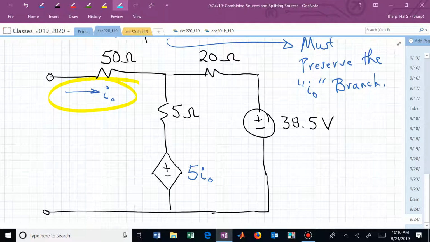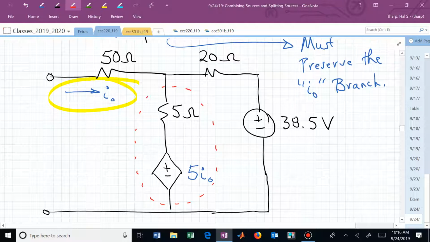Do you see how we can maybe simplify this? What does this look like? Isn't that a series combination? And it's a voltage source in series with a resistor. Thevenin, Thevenin, Thevenin. Right? What's this one?